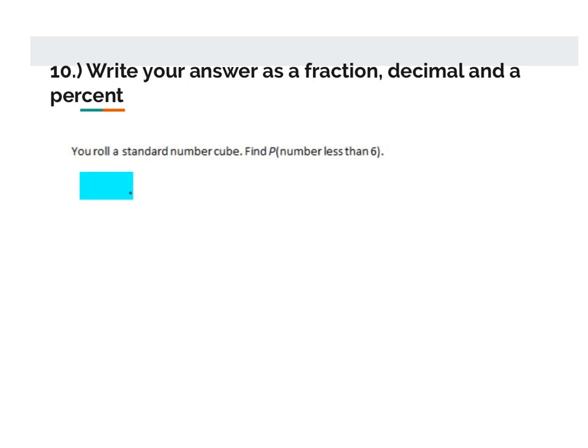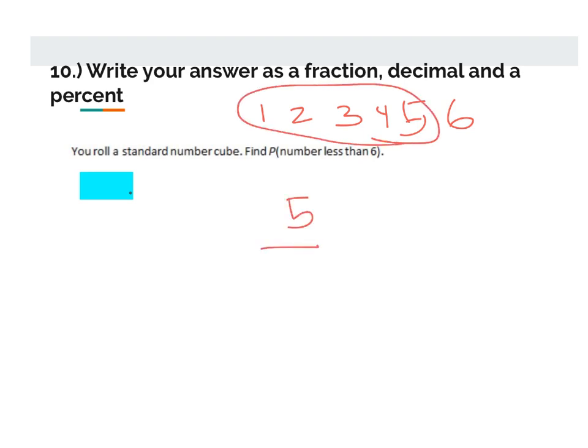The numbers on a standard cube are 1, 2, 3, 4, 5, 6. How many numbers are less than 6? That would be 5 of them. So 5 favorable outcomes out of 6 possible outcomes. So 5/6 is the fraction in simplest form.